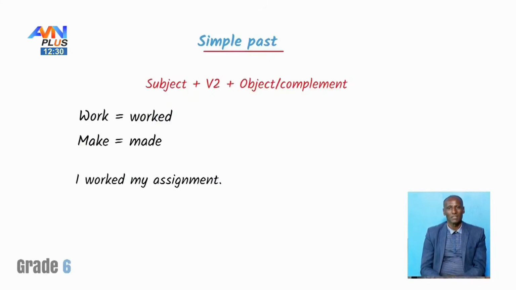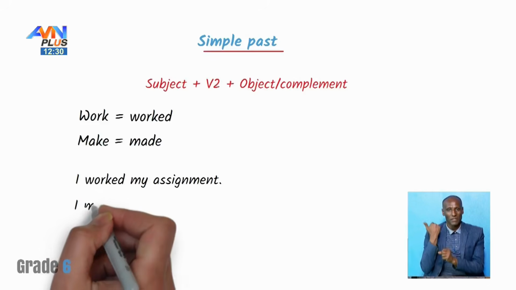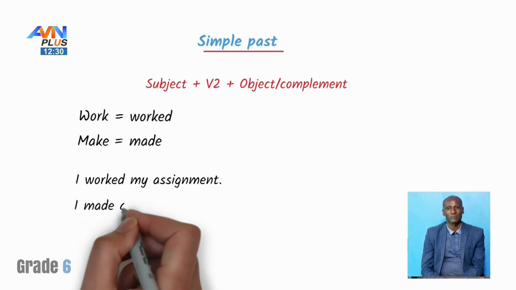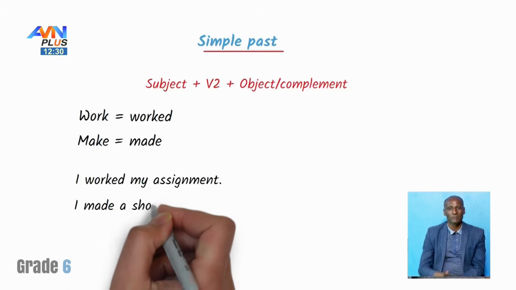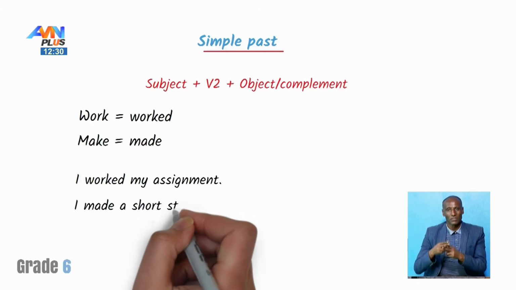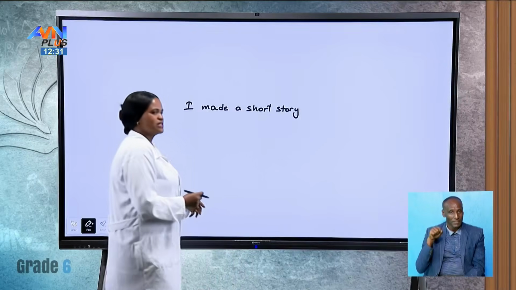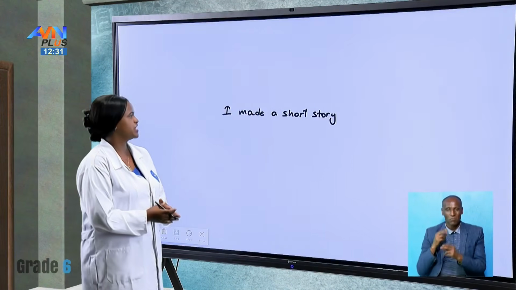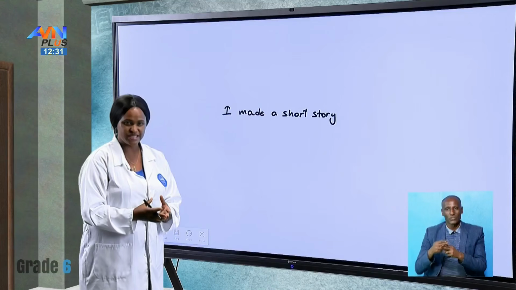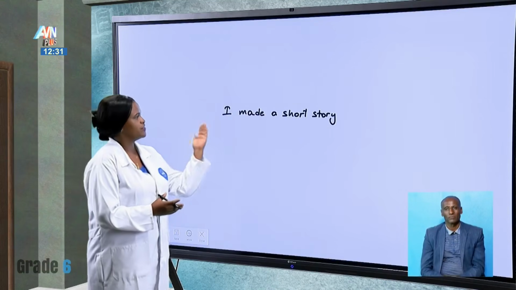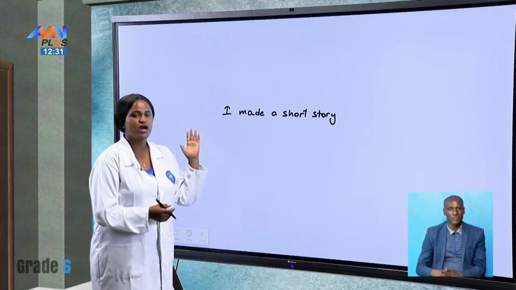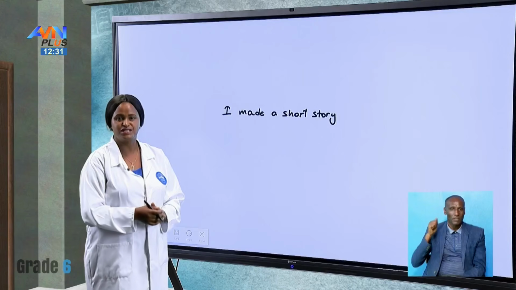I made a short story. I made what? A short story. Instead of saying make, what do we say? Yes, we used the verb made. This is what we have learned last week about the simple past.